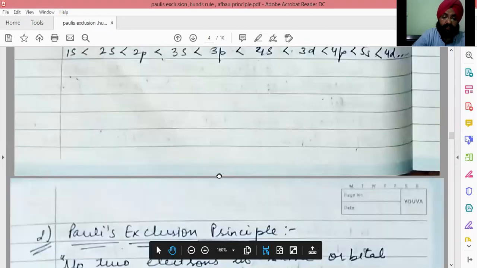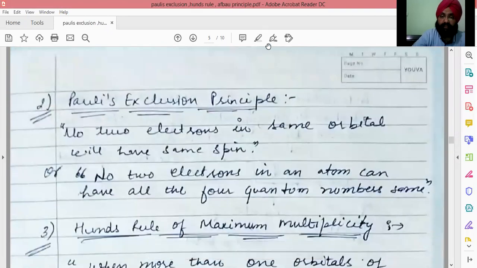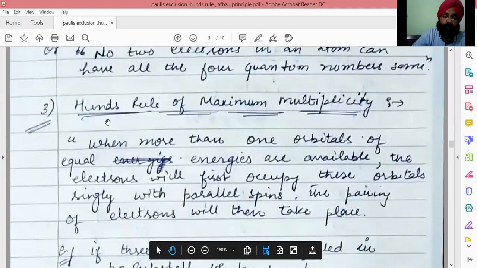Next is Pauli's exclusion principle, which we already discussed: no two electrons can have the same spin in an orbital, so they must have opposite spin in an orbital. Next is Hund's rule.